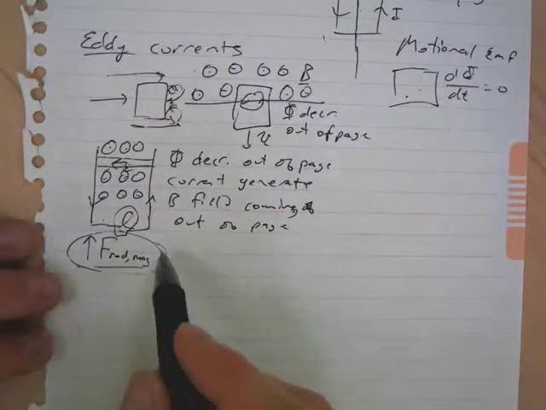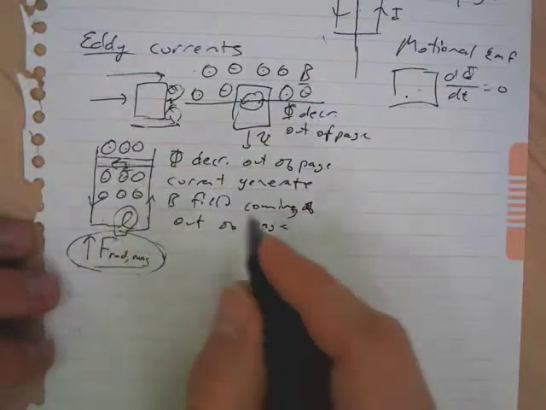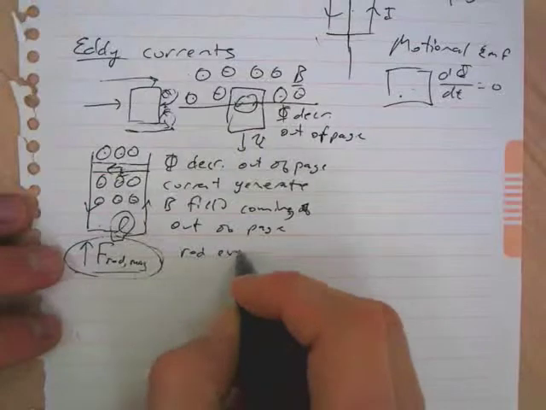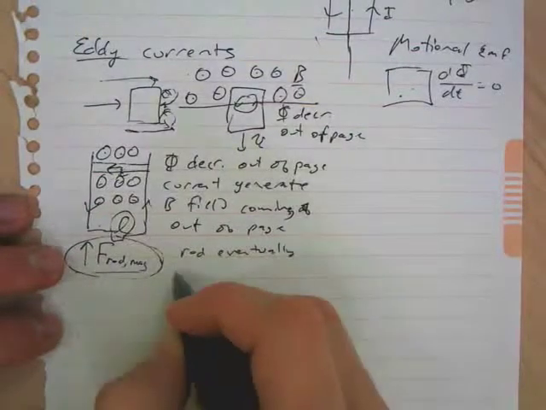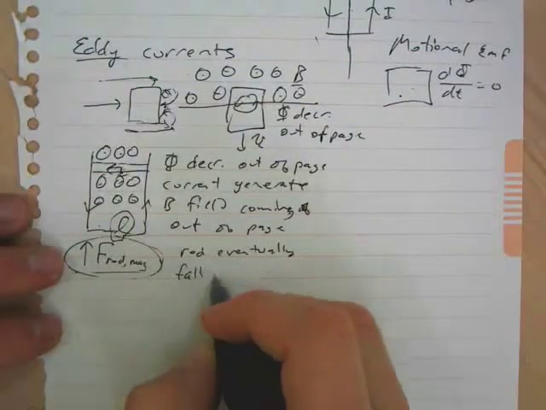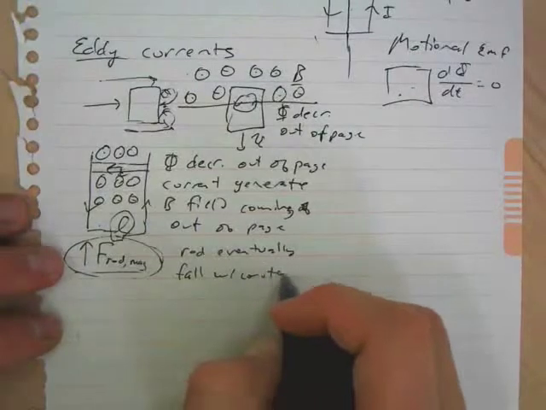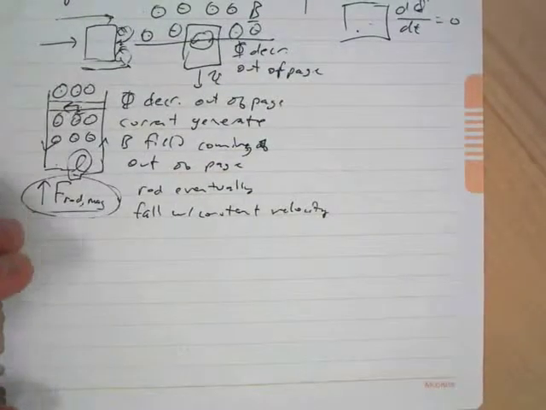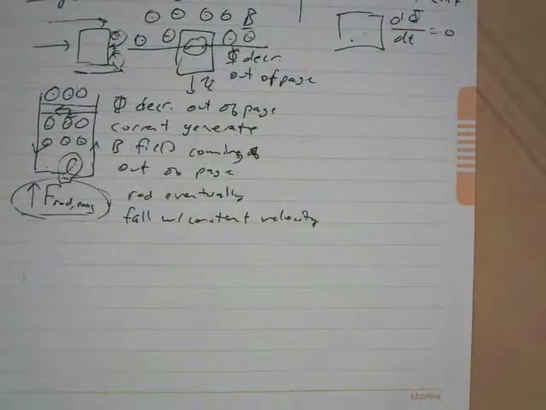And so the rod will eventually start falling with a constant velocity as that magnetic force becomes equal to the gravitational force acting on the rod. And we'll do more to quantify that next time.